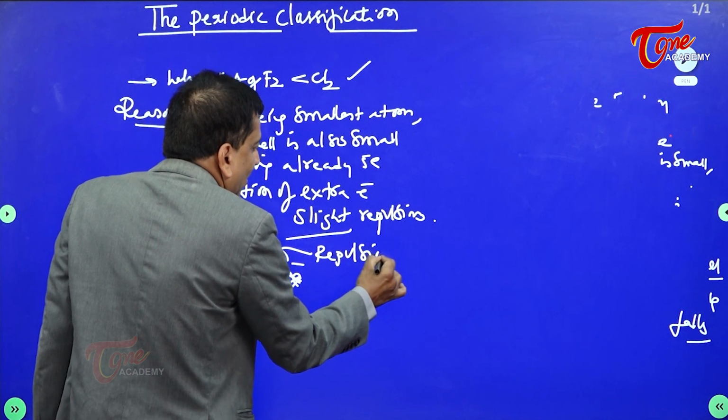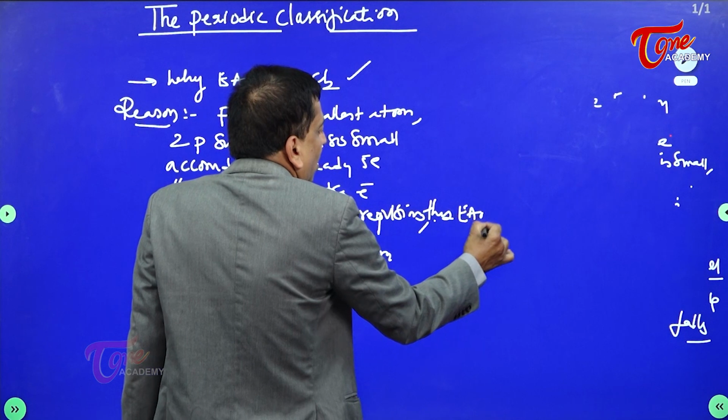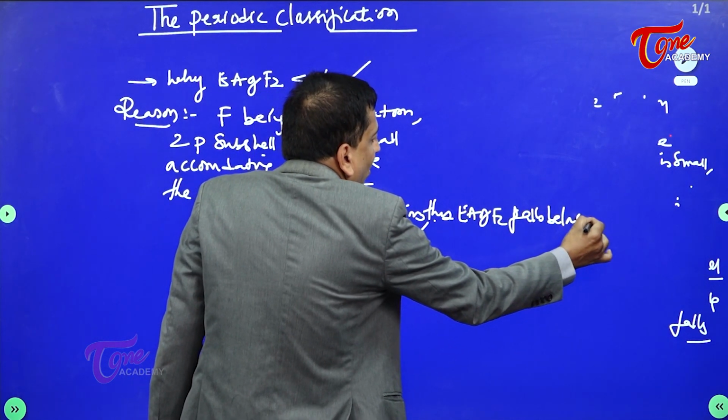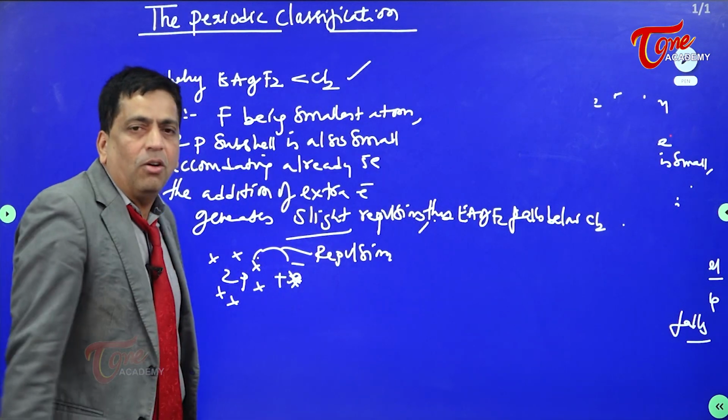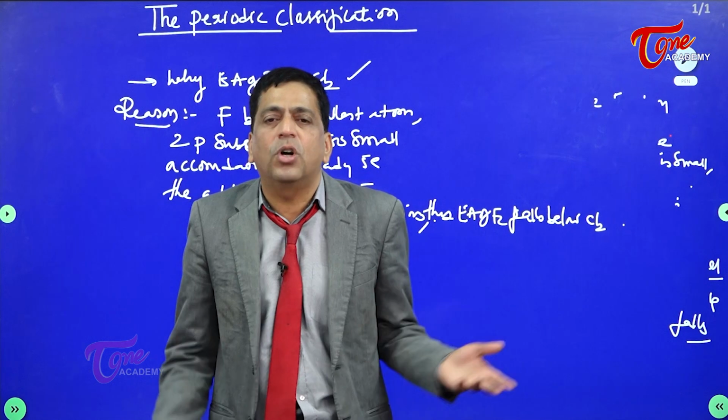Repulsions. Thus, the electron affinity of fluorine falls below chlorine.